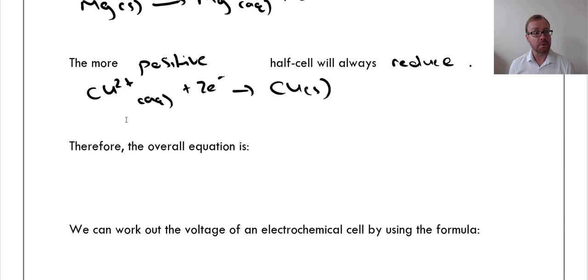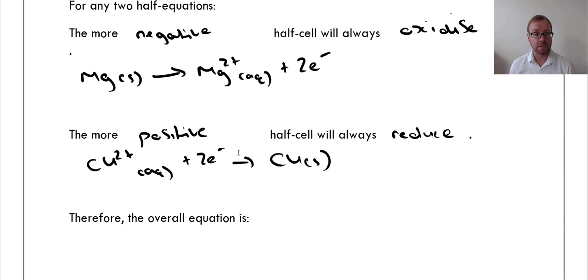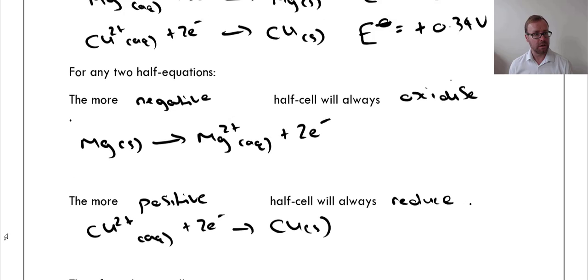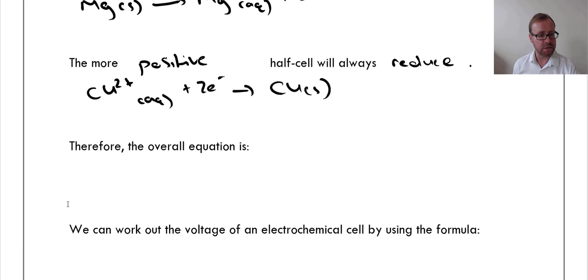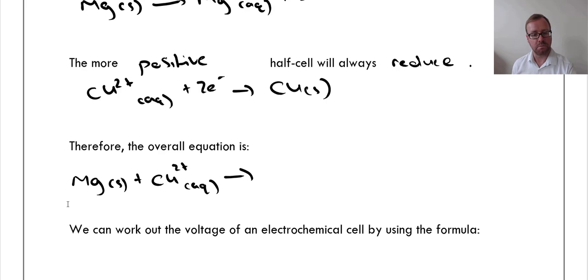Okay, so I can now add these together as long as our electrons cancel out, which they do. You should know this from our redox session. And we can make the overall equation as Mg(s) + Cu2+(aq) forms Cu(s) + Mg2+(aq).